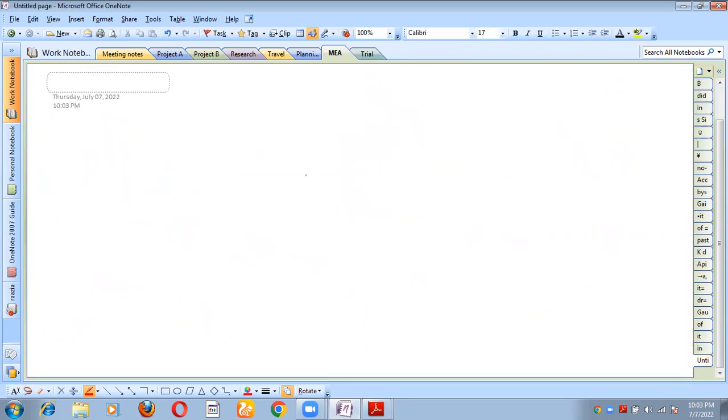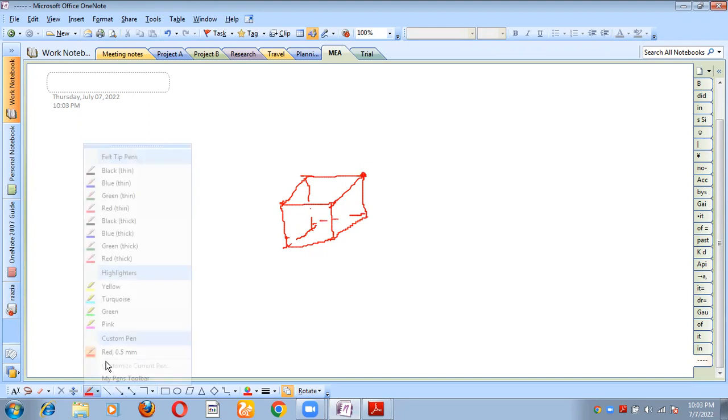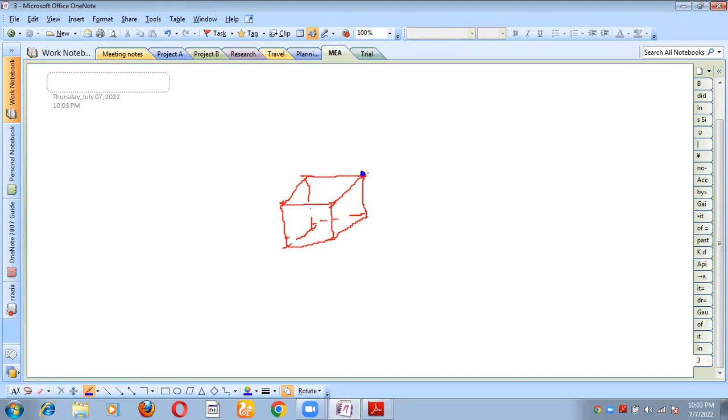Again, I am drawing a cube, and I have to select a cubical surface such that this point becomes symmetric. It means this point should be identical from all directions.